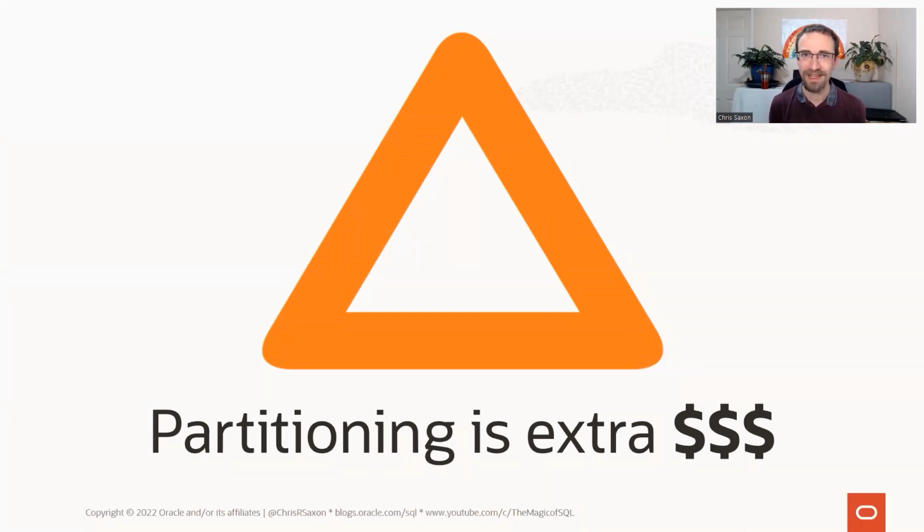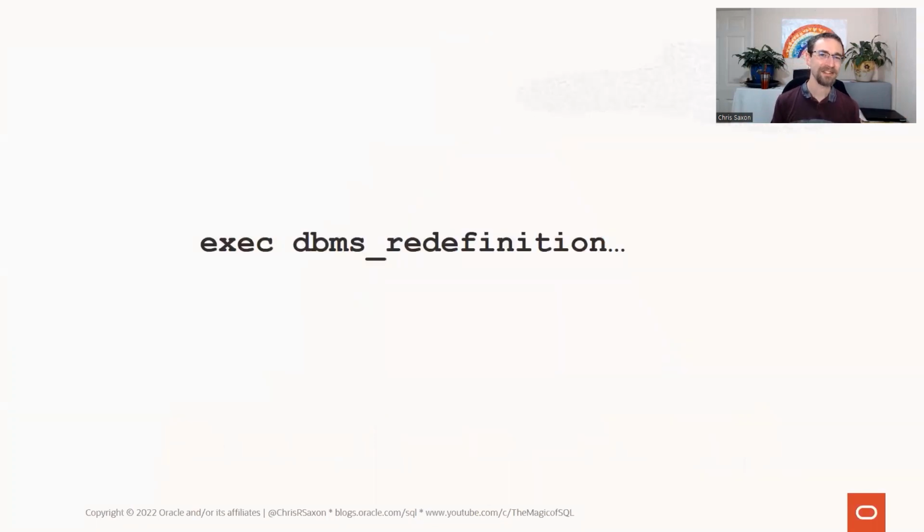The second is, how do we add partitioning to an existing table? As I said, if you didn't design these archival processes to start with, chances are you've just got a regular table. How do we convert it? And this is something that was always a bit of a faff, shall we say. You could use DBMS redefinition to change the table and actually add partitioning to it.